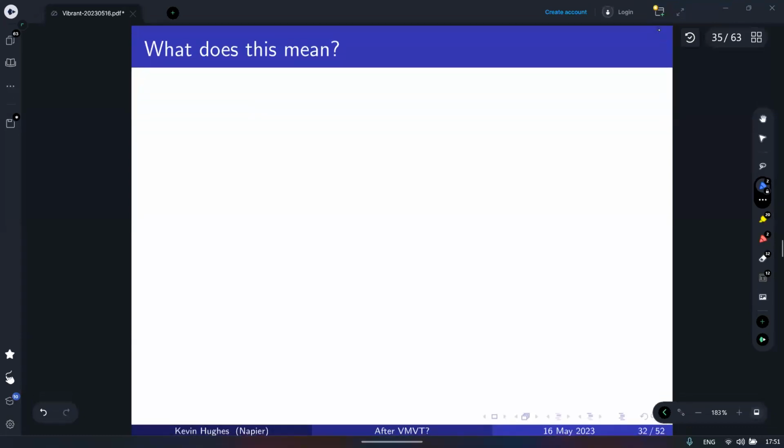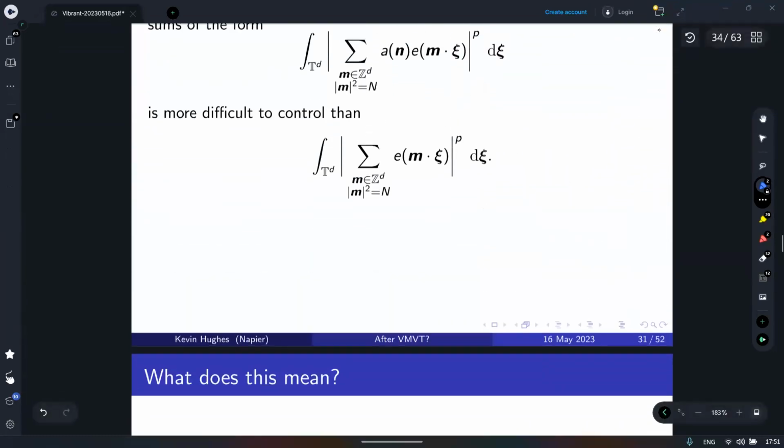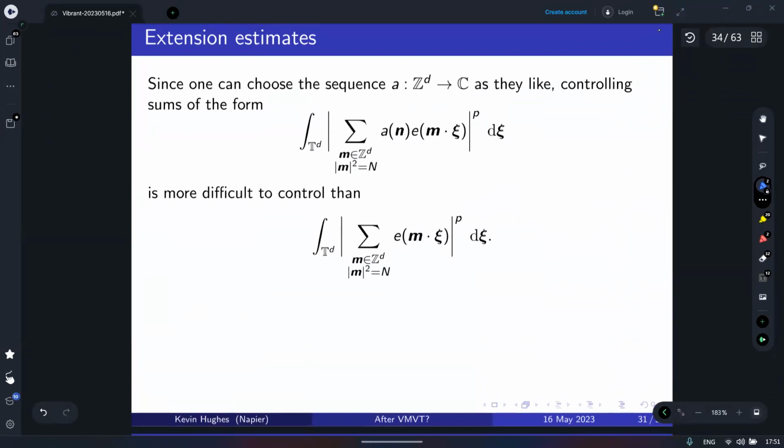So what does something like this mean, or this mean value estimate? When we looked at this, and I took P equal to 2D, then that gave us something like M1 up to MD, in this case now on a sphere, and N1 up to ND.